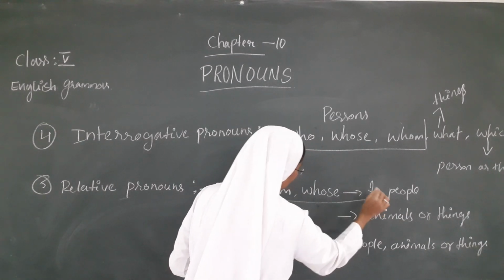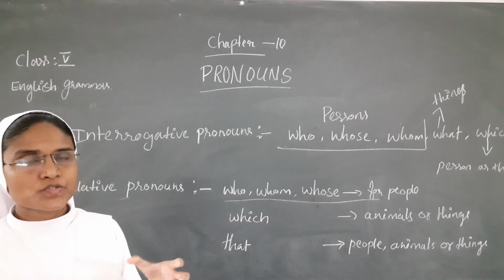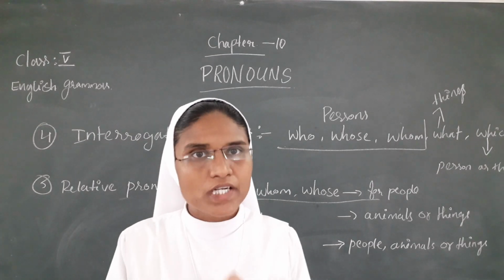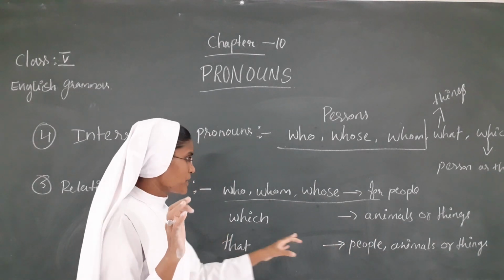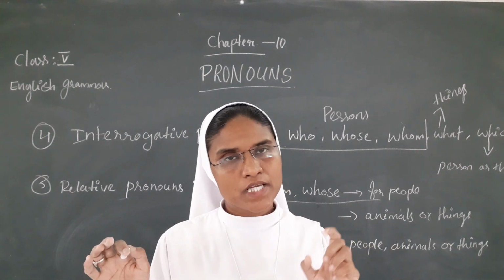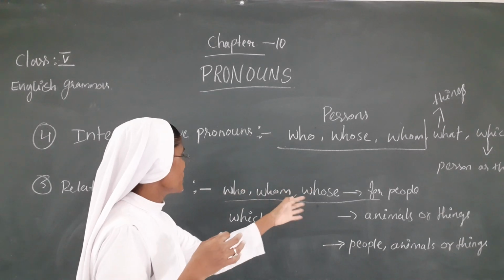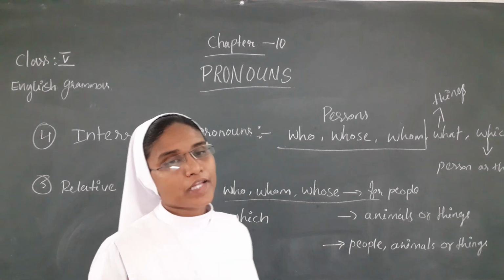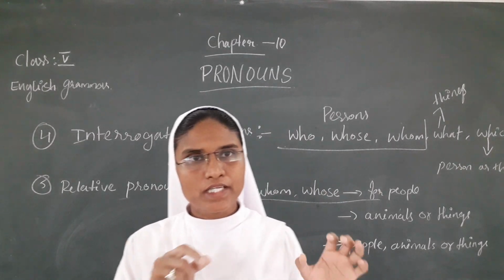To join the ideas we use these for people. Which we use particularly for animals or things. Then that, for people, animals and things. These are the relative pronouns. Okay, I think you understand.